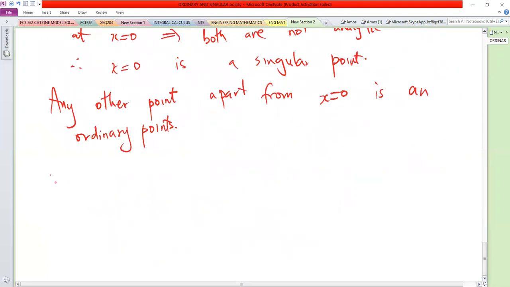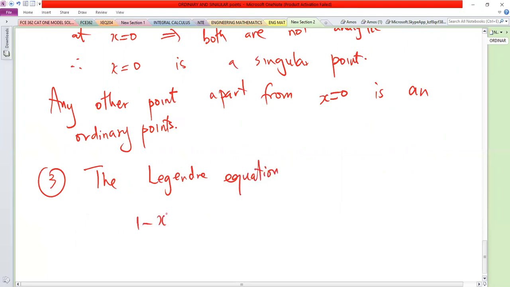And then example 3, the Legendre equation: (1 minus x squared) y double prime minus 2x y prime plus alpha times (alpha plus 1) y equals 0.